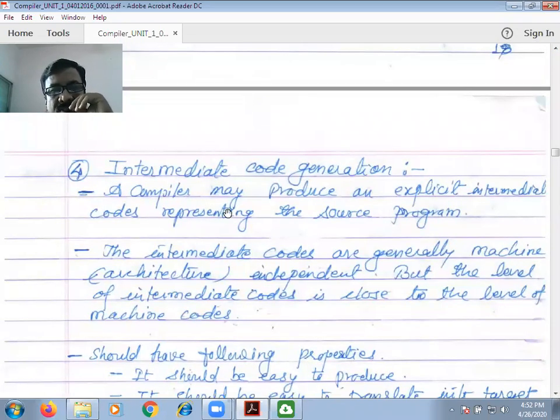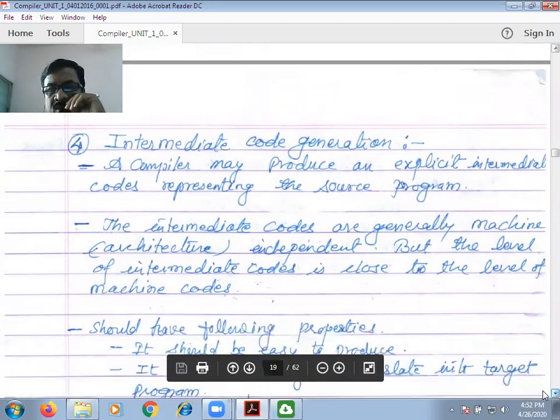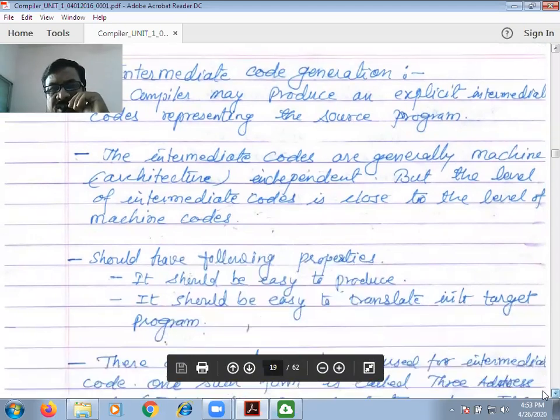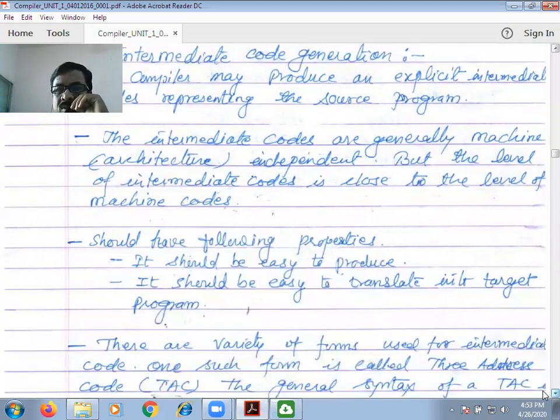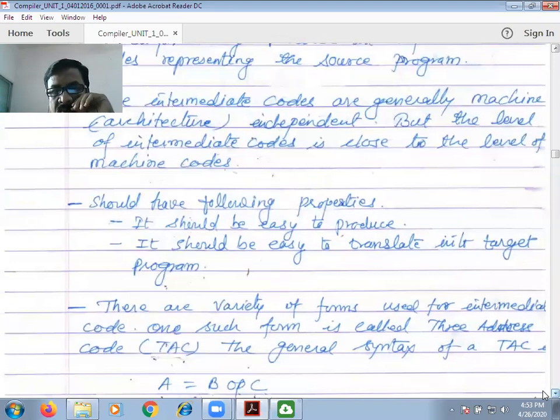The intermediate code generation produces explicit intermediate code representing the source program. Intermediate codes are machine independent or architecture independent, but the level of this intermediate code is close to the level of machine code. These codes have some common properties: it should be easy to produce, and it should be easy to translate into the target program.